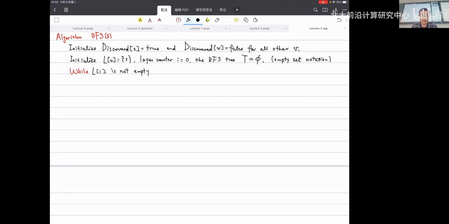But as long as the current level set still has newly discovered vertices, we should not stop, and that is why we set up a while loop here. So while Li is not empty, we are going to figure out the next level set. Of course, we first initialize an empty set.